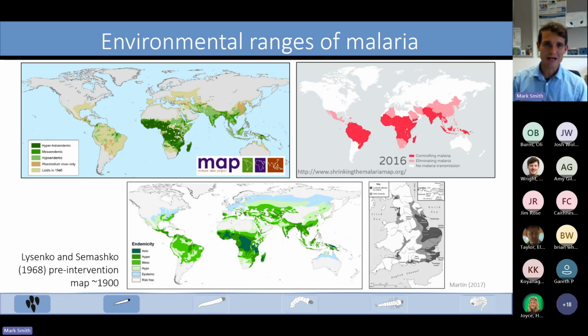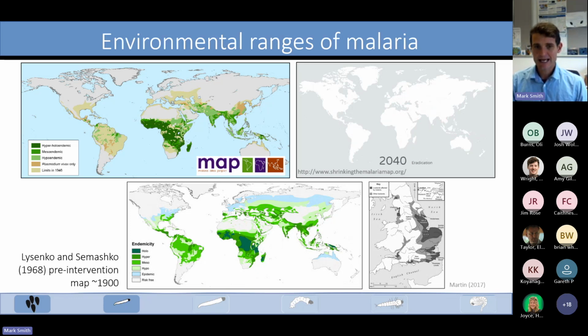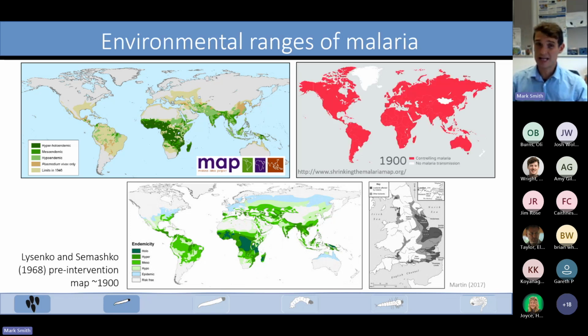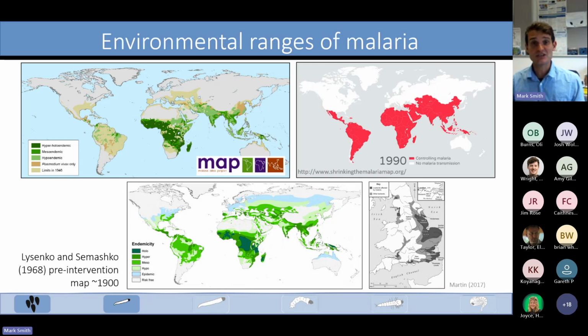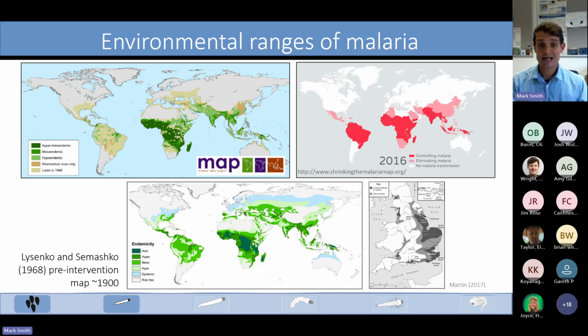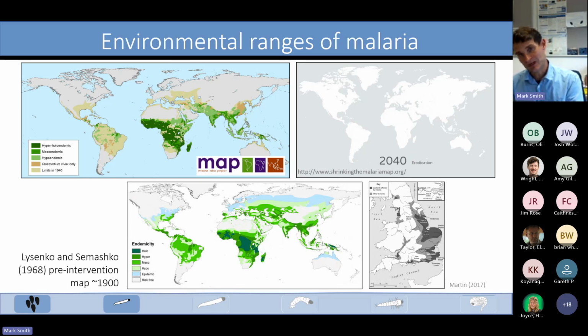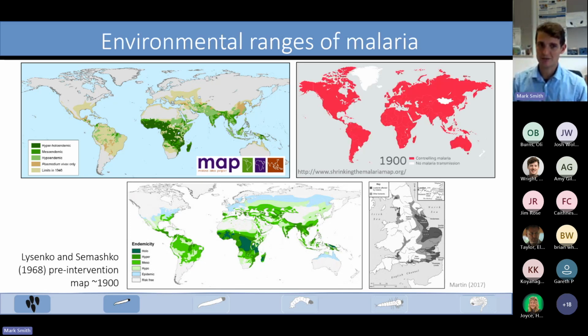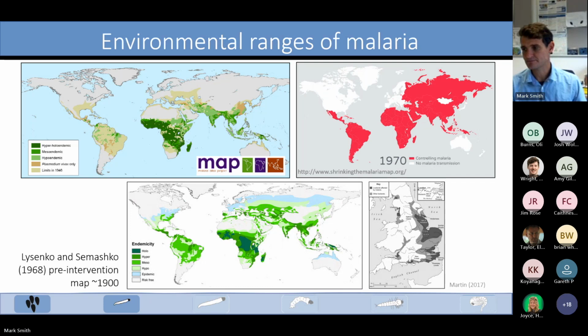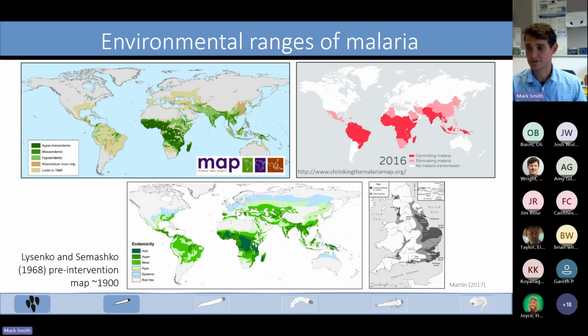It was quite a zoophilic vector, so it quite liked to bite animals, not so much humans. And as well as that, drainage came with an improvement in living conditions more generally, and a shift from cattle-based agriculture to arable agriculture, which of course had an impact on the malaria cycle as well. So it wasn't just the drainage that was responsible.